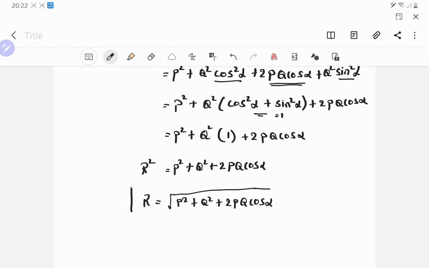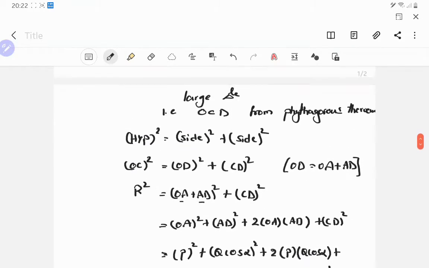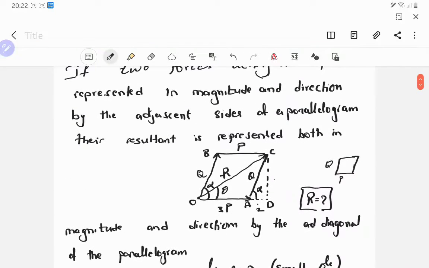This is the value for R, which is the resultant of the two forces. For example, if we take these two forces, we can imagine a catapult, a stone thrown from a catapult.